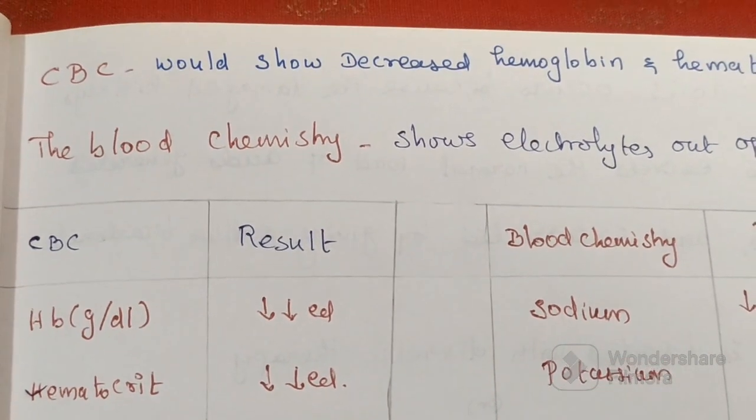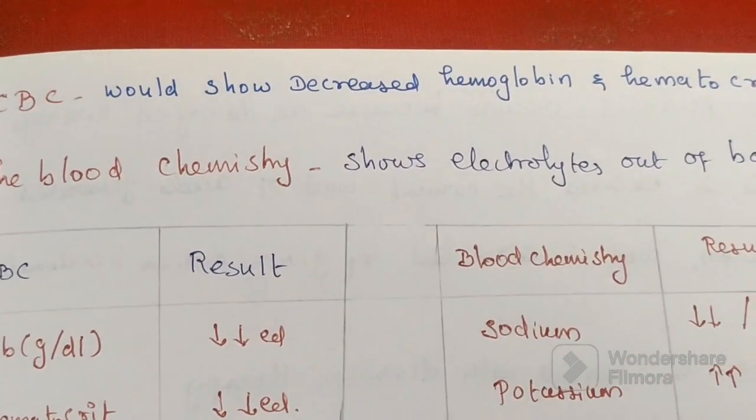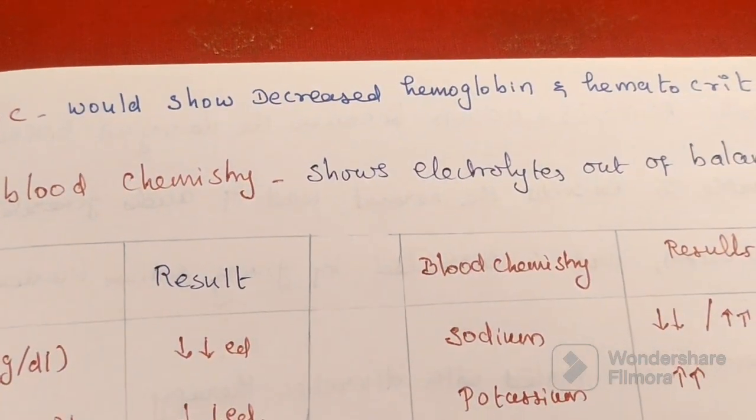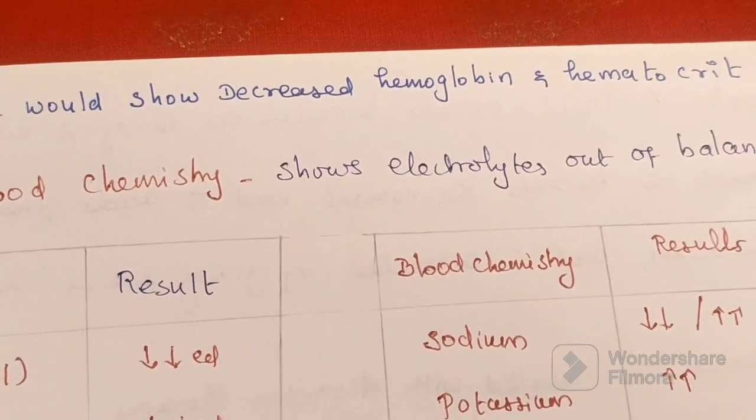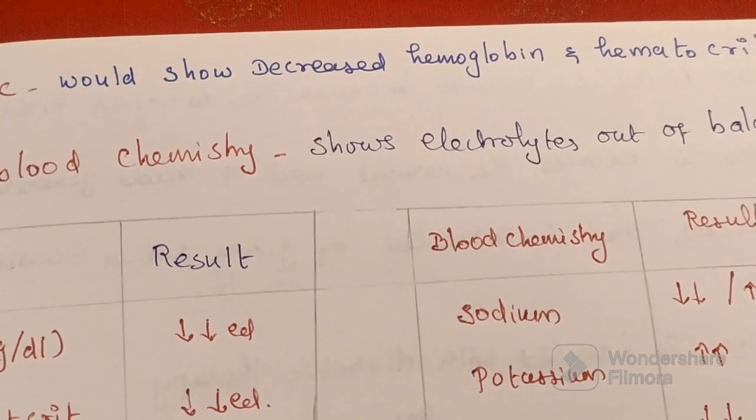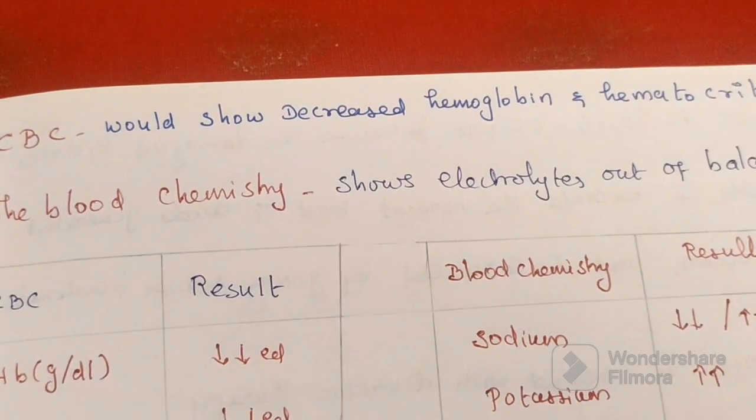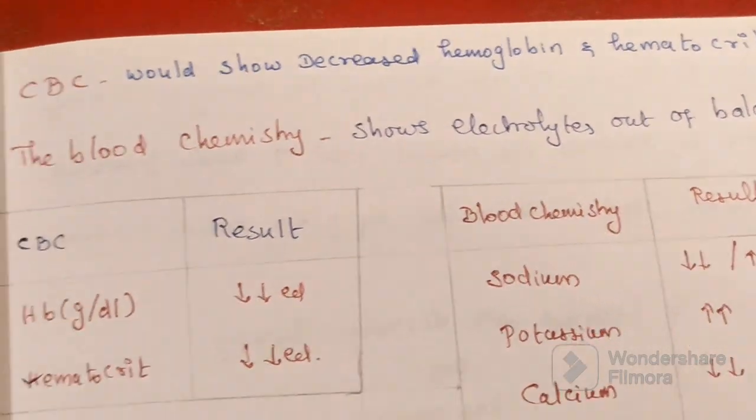Next, the CBC, complete blood count, shows decreased hemoglobin and hematocrit.